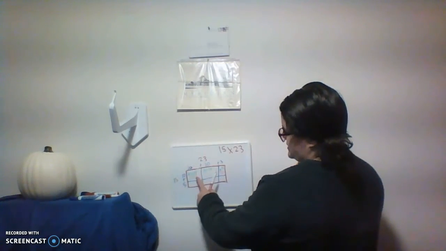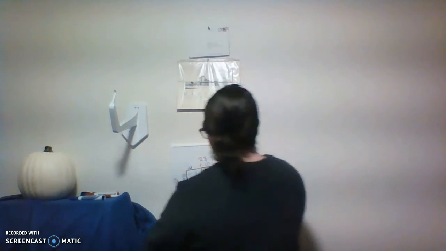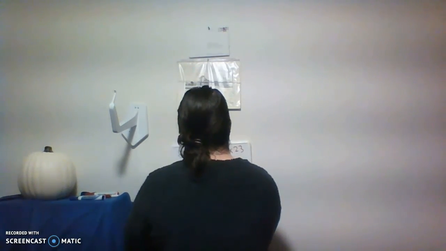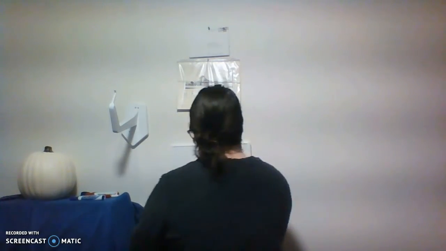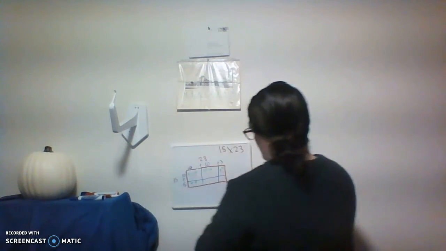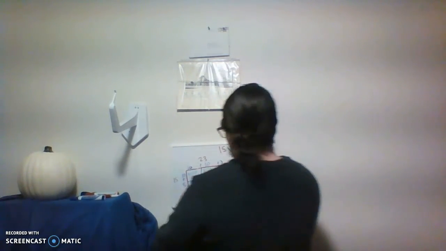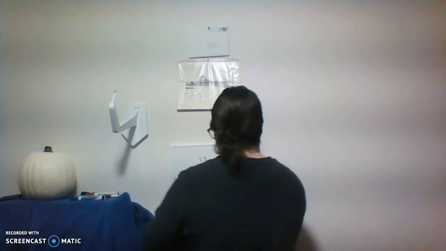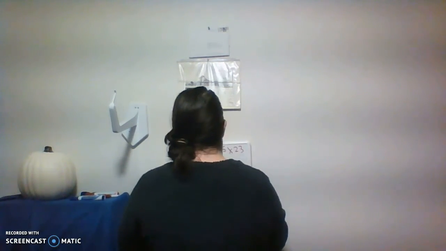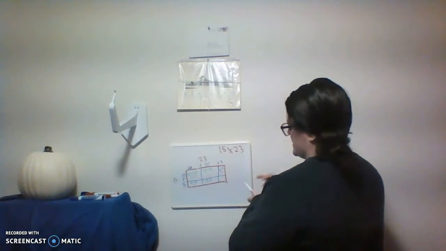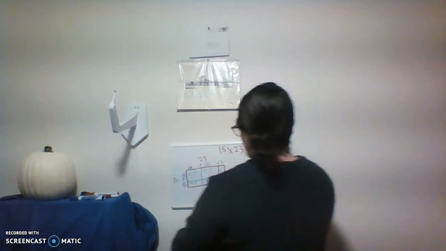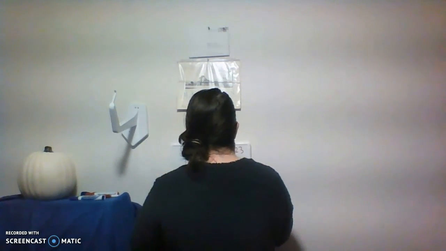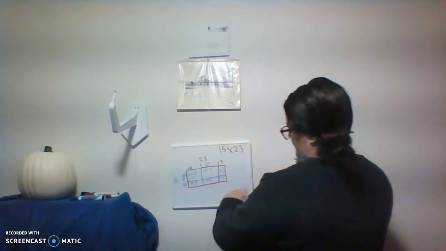And then I have a 10 multiplied by 5, which is 50. Again, another 10 multiplied by 5, which is 50 again. And lastly, we have 5 groups of 3, which is 15.